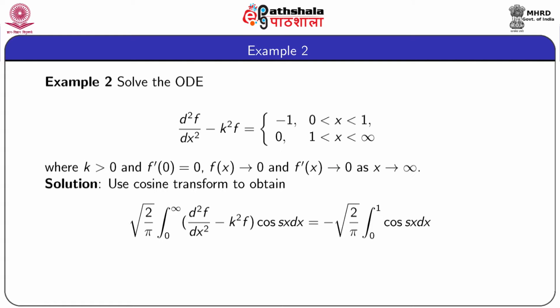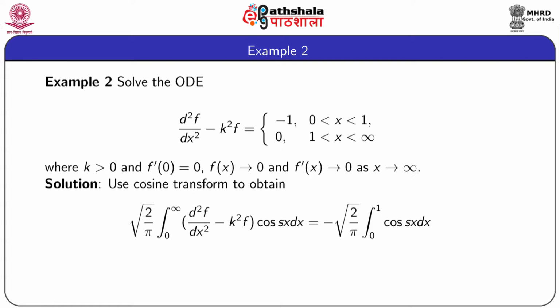Here k is a positive constant and the condition given is f dash at x equal to 0 is 0. Also, f(x) and f dash(x) tend to 0 as x tends to infinity. In this case, we shall apply Fourier cosine transform.